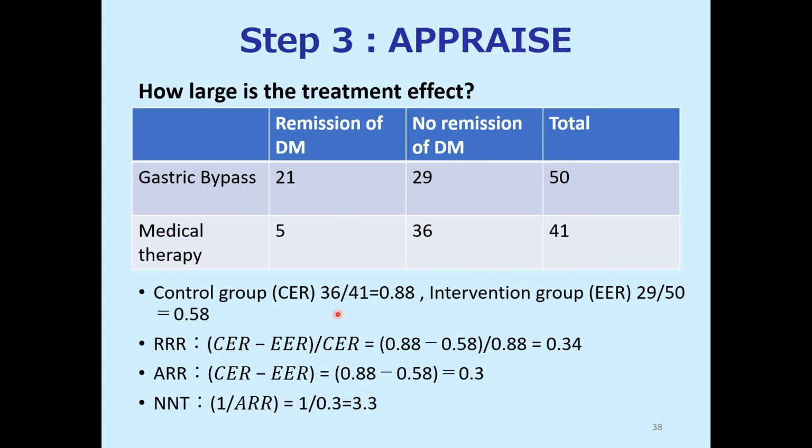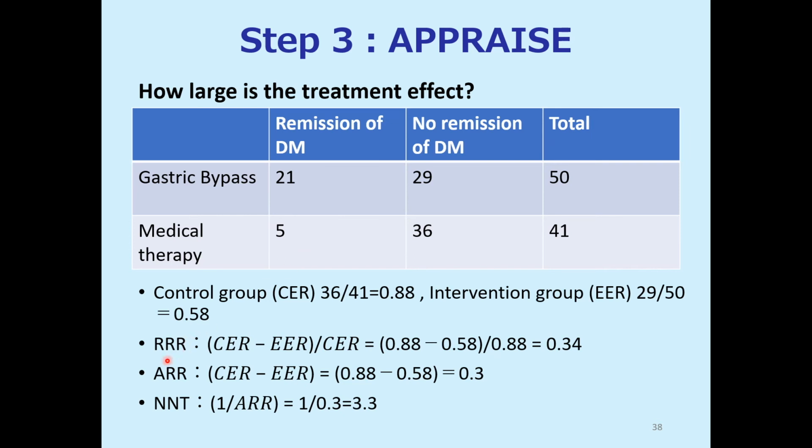So the control event rate is 0.88. Then the experiment event rate can be calculated from the patients in the gastric bypass group with no remission of diabetes divided by the total number of patients who underwent the gastric bypass, so that is 0.58.